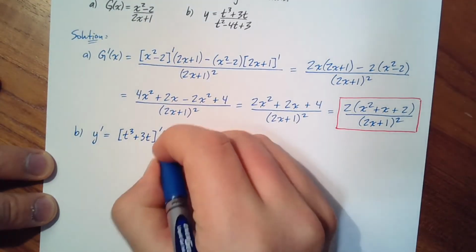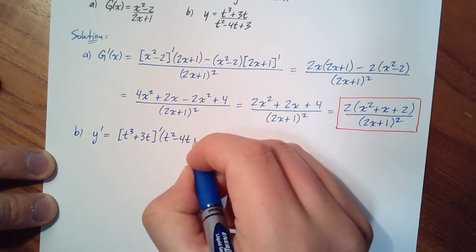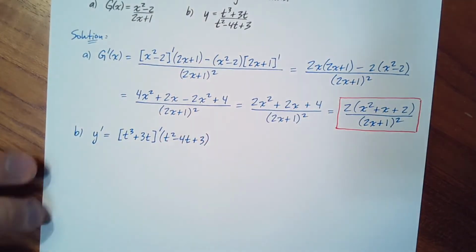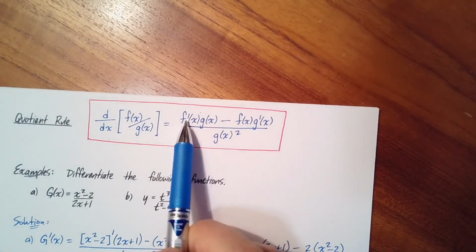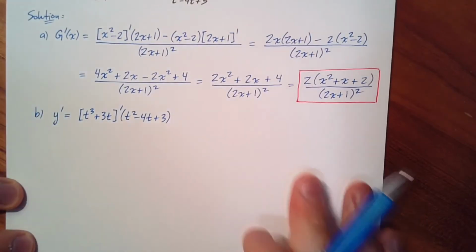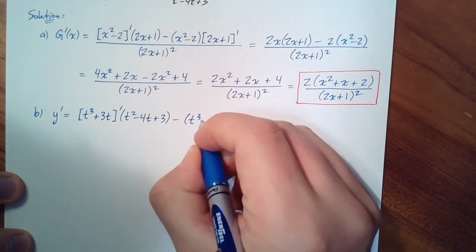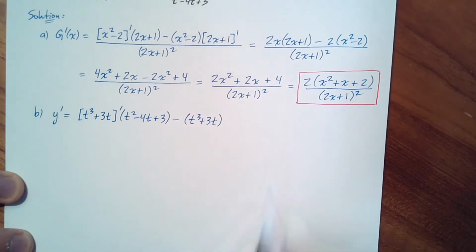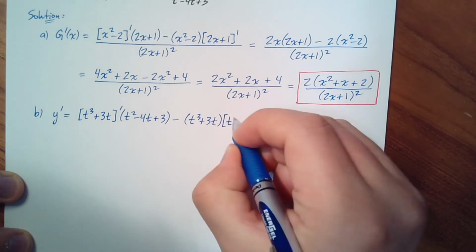But then we're going to multiply by t squared minus 4t plus 3, unchanged. So that is this term here. But then we need to form this term after and subtract it. So now what we're going to subtract from that is t cubed plus 3t. So the numerator unchanged now, multiplied by the denominator differentiated.